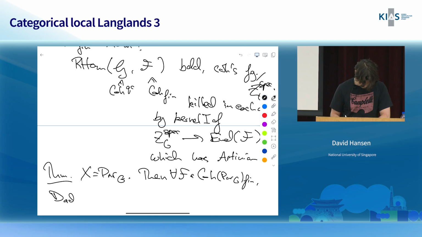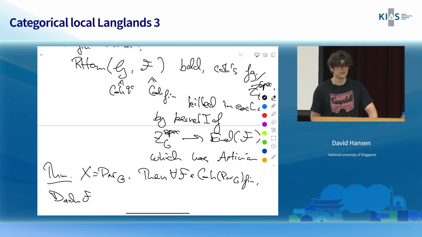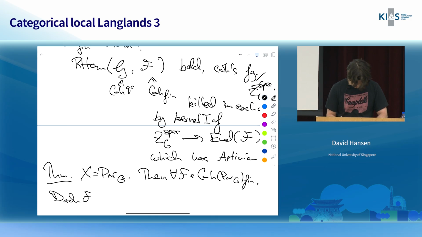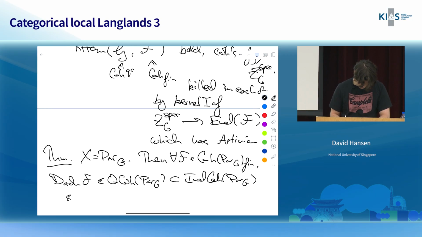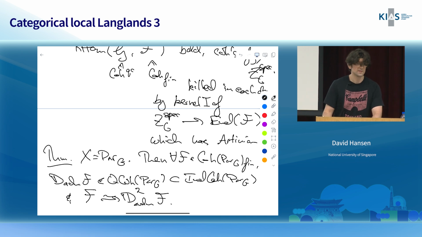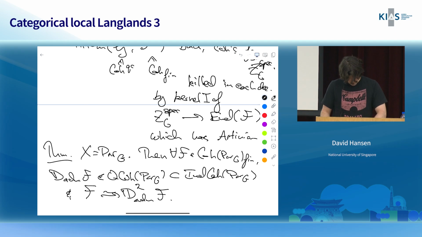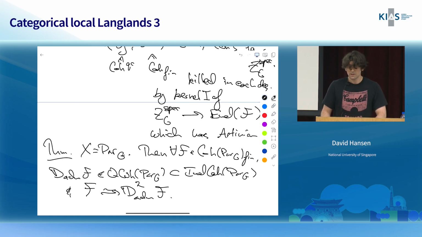this admissible dual of F, which a priori is just some weird incoherent sheaf, okay? This actually lies in QCo, so we saw this yesterday. And you didn't lose any information by taking this dual, because if you take the dual again, you get back F. Okay, so I don't really have time to sketch the proof of this, but it will be used crucially in the fifth lecture.